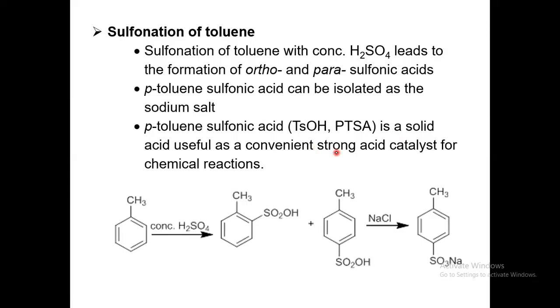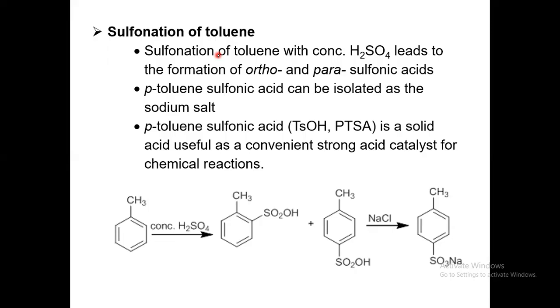Sulfonation of toluene. That's the alkyl group, right? Or alkyl benzene, arene. Now we are saying that sulfonation of toluene with conc. H2SO4 leads to the formation of ortho and para sulfonic acids. This is no surprise because we have already said that alkyl substituents on benzene are ortho-para directors, so nobody should be surprised here.